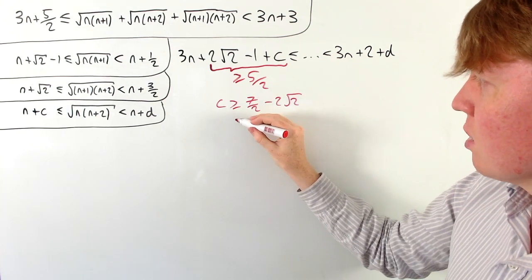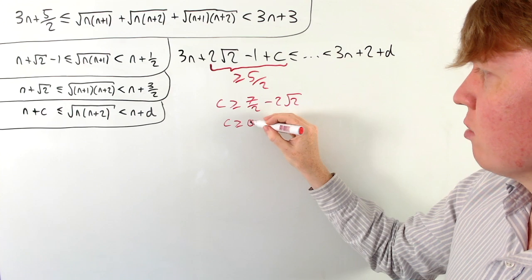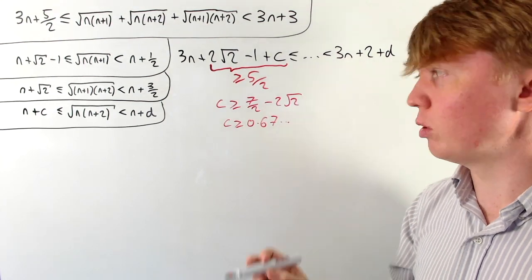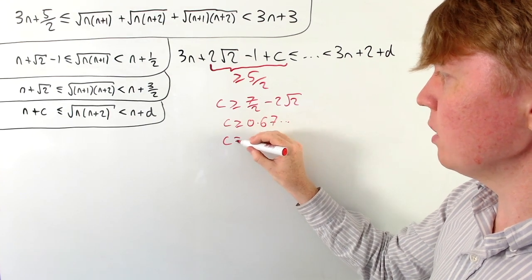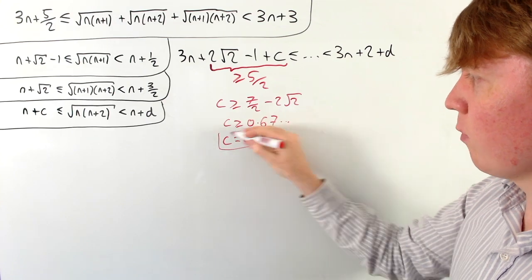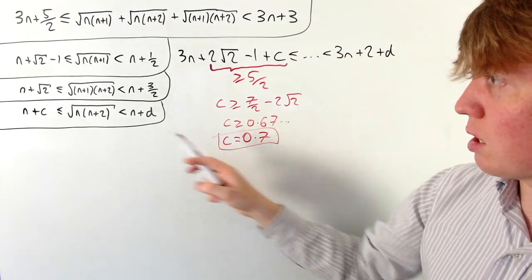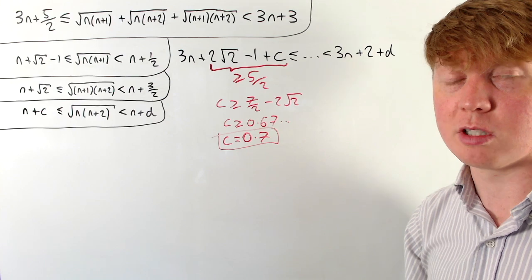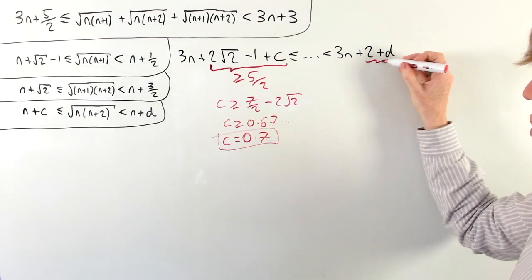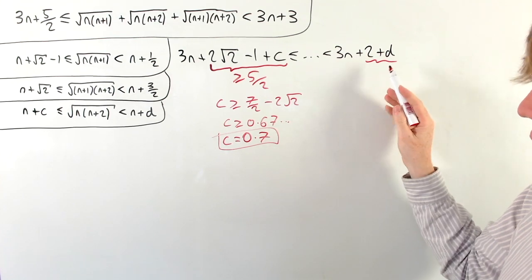And this number turns out to be around 0.76. But to actually make life easier for ourselves when we're proving this, we should have some flexibility. So let's actually try just c equals 0.7, and we'll see if that works. So we still need to show that this inequality is actually true with c equals 0.7. So we'll come to that in a sec, but we also need to find a suitable value of d. Actually here it's much easier.